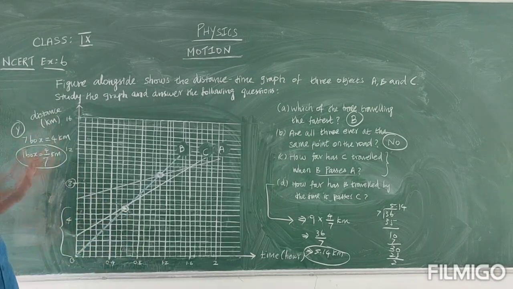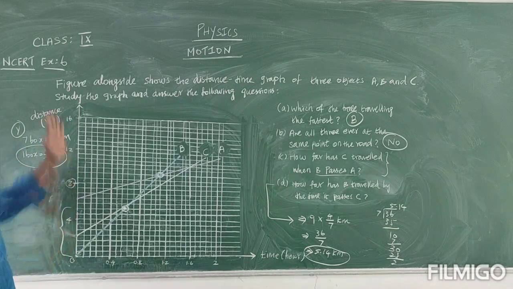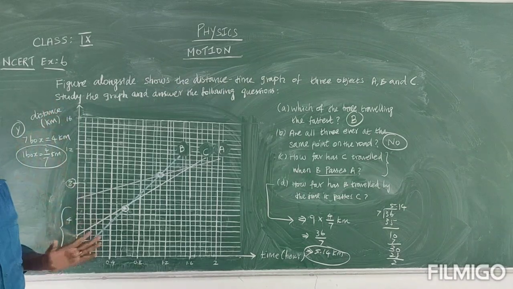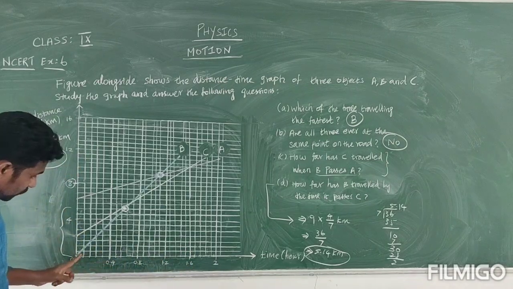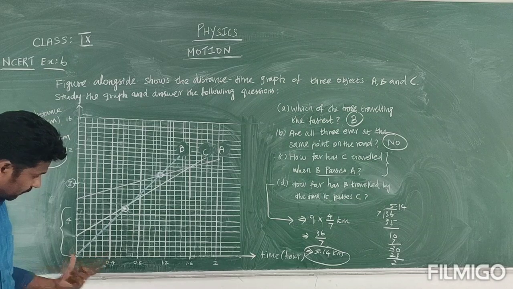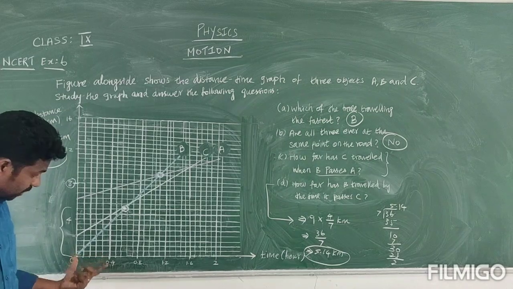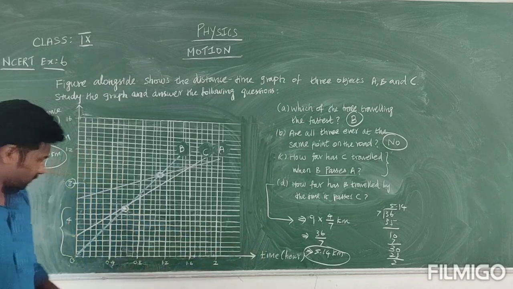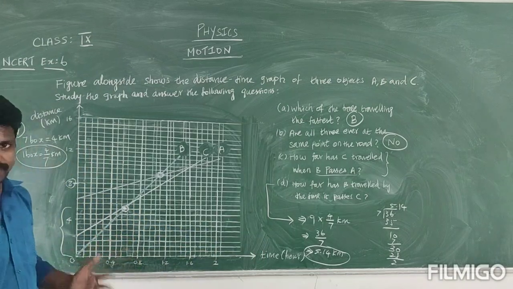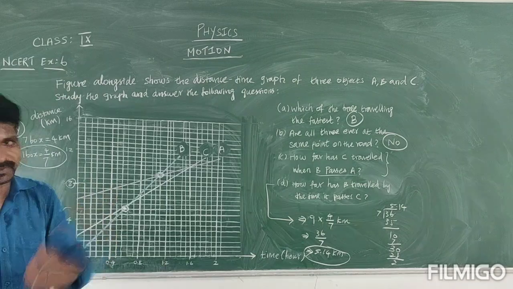So we counted only the vertical axis boxes, not the horizontal ones. If we calculate the horizontal boxes, 5 boxes in the x-axis is equal to 0.4 hours. In future if any other questions come, you should be able to solve them.